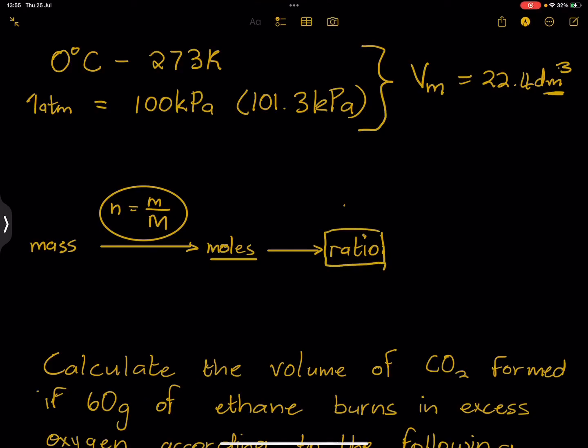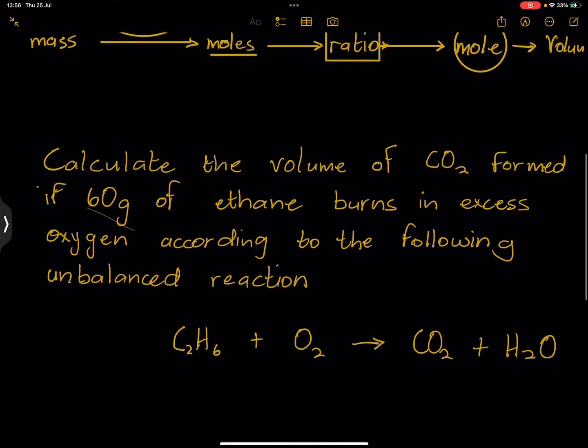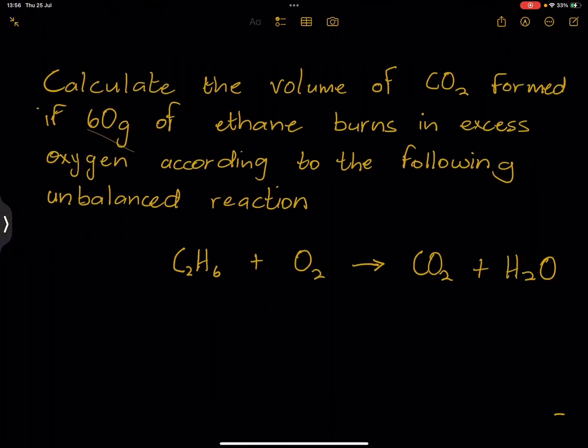We use the ratio to determine the moles of what we are actually looking for, the moles of carbon dioxide, and ultimately we are going to determine the volume of that gas using the number of moles. So we are going to get the volume in that case. So let's do that. Firstly, the first thing we need to make sure of is that we've got a balanced reaction. So let's balance it first.